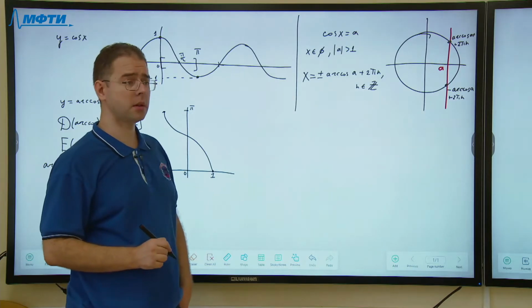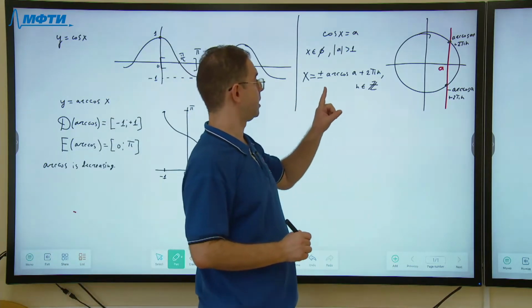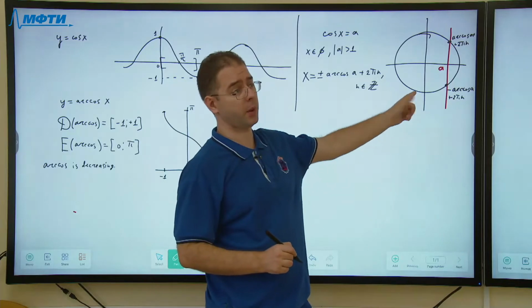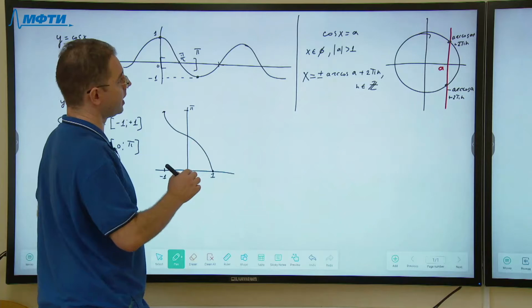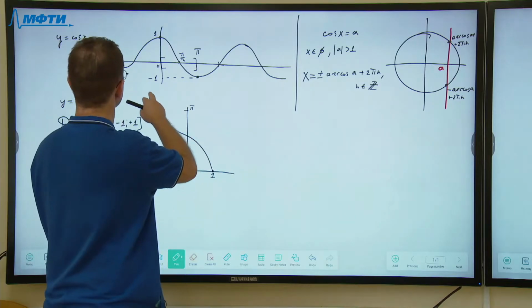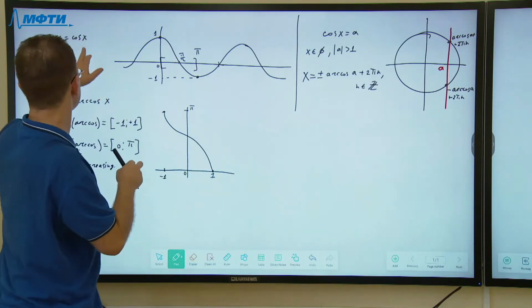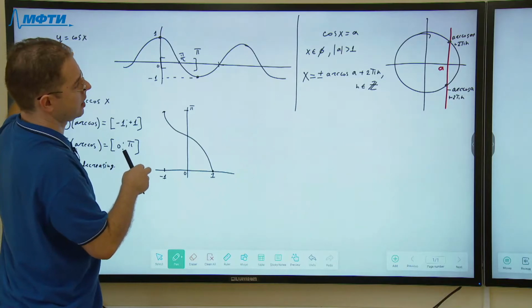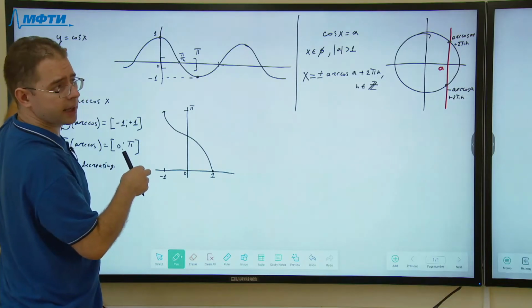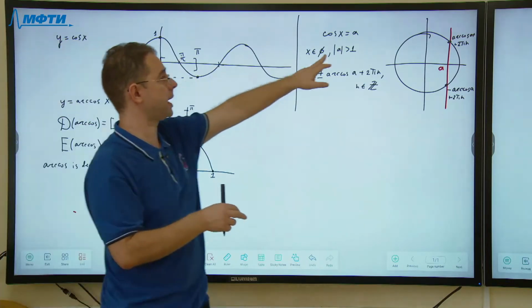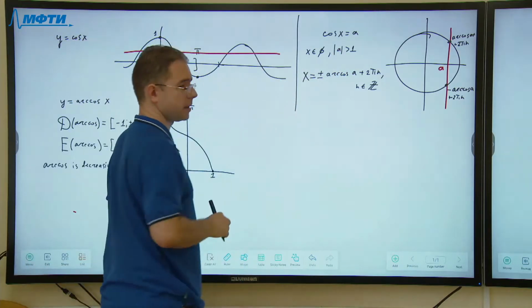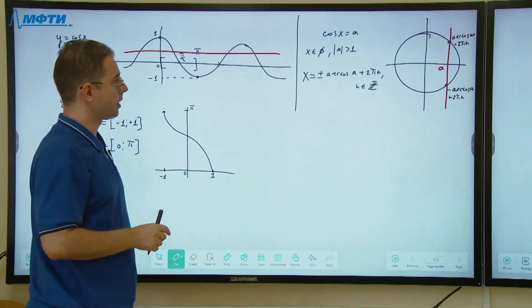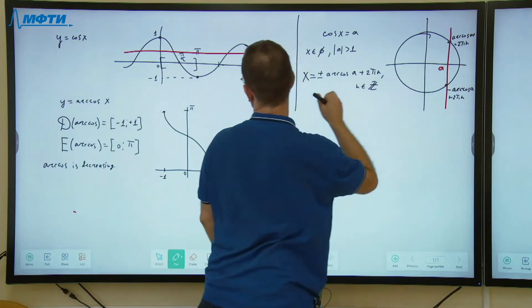We can also look at this corresponding picture over here on this graph. If I look here, we have cosine x equals y. So let me draw a line y equals a. This would be this line, and this first point, arc cosine, is that point.